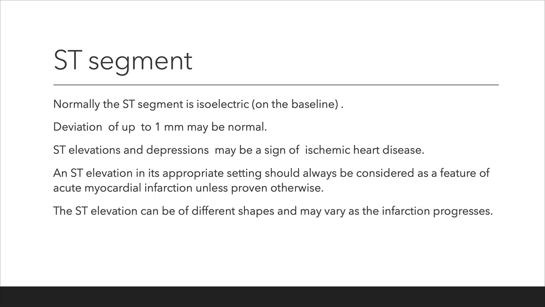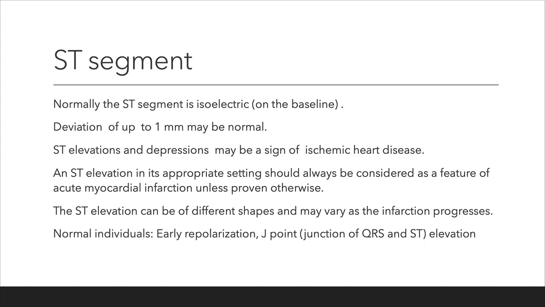This is because the ST elevation can be of different shapes and may vary as the infarction progresses. But at the same time, we need to understand that even normal individuals can sometimes have phenomena like early repolarization, J-point elevation, where you can have an ST segment elevation which can be confused for an acute coronary syndrome.